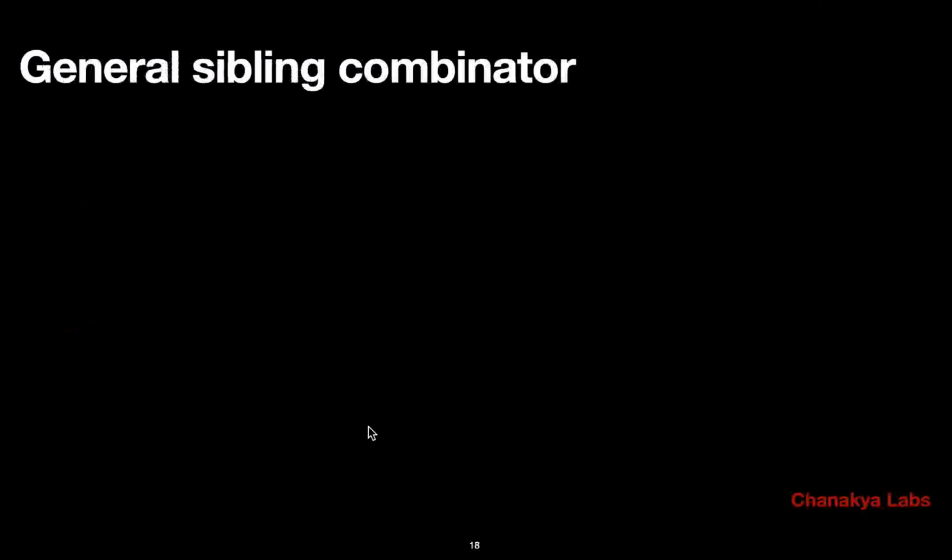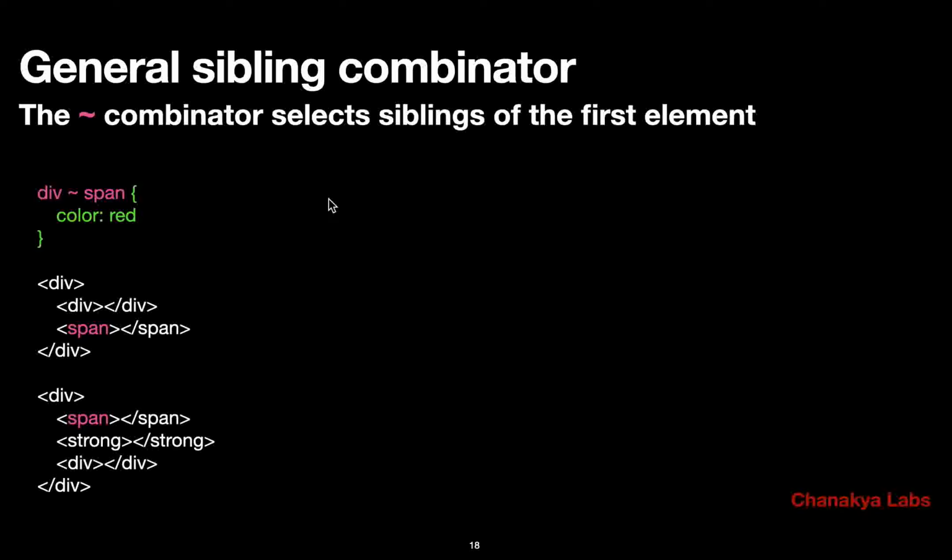Okay, next there is the general sibling combinator. This means that if we have div and then the tilde sign, which is on the top left of your keyboard, and span, then span and div should be siblings, which means all spans which are siblings of some div will have the color red.